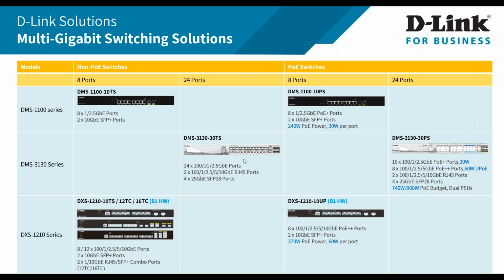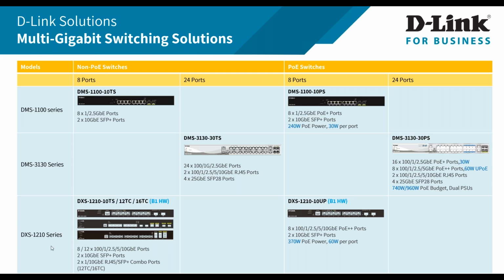In fact, this 3130 can also be suggested as a core switch, and on the access side we can use the DMS 1100. If the customer has a 1G backbone on copper, we can use a multi-gigabit switch on both core as well as access side, and we can upgrade the backbone to 2.5G.